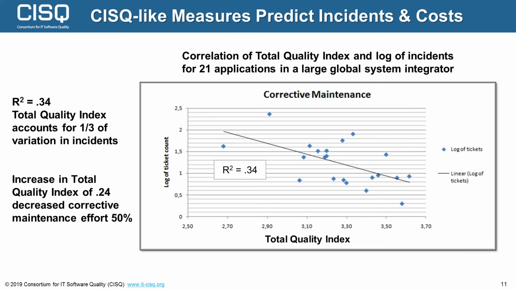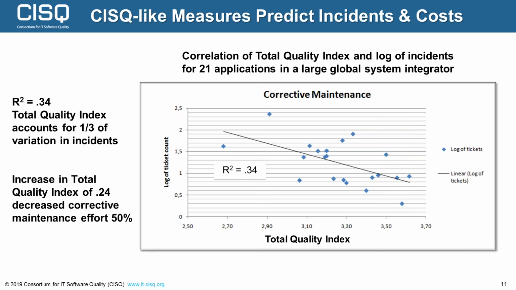They correlated that with the log of the number of incidents they experienced in the system, and the correlation was very high. It accounted for 1/3 of all the variation in the log of the number of incidents. So that was a very strong correlation. It ended up that quality accounted for a great deal of what they were seeing in the incidents.